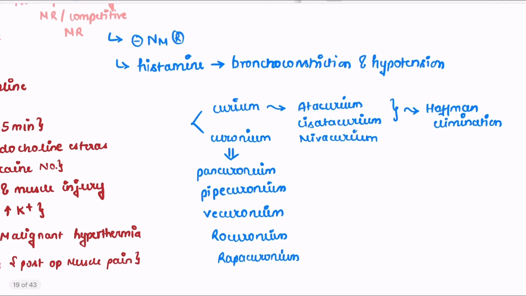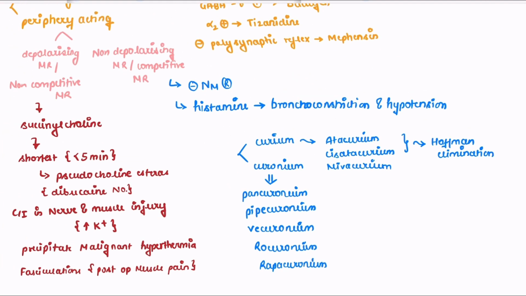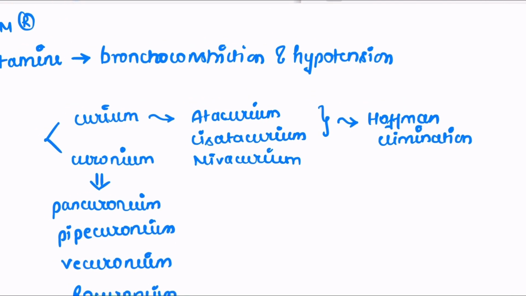The difference between curium and curonium is the curium drugs release less histamine, but the curonium drugs do not release any histamine. For atracurium and cisatracurium, atracurium releases histamine and cisatracurium releases negligible amount of histamine. There is a risk of seizures with atracurium because it produces a compound which is known as laudanosine.